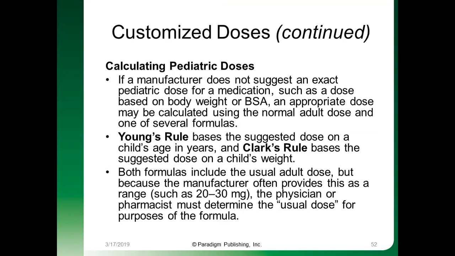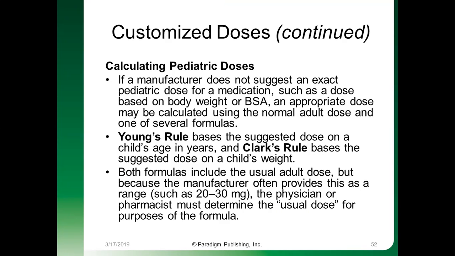There are two different formulas that we can use to calculate the pediatric dose. And again, this is a pediatric dose, not an infant dose, so pay attention. Young's rule bases the suggested dose on the child's age in years, while Clark's rule bases the suggested dose on the child's weight.